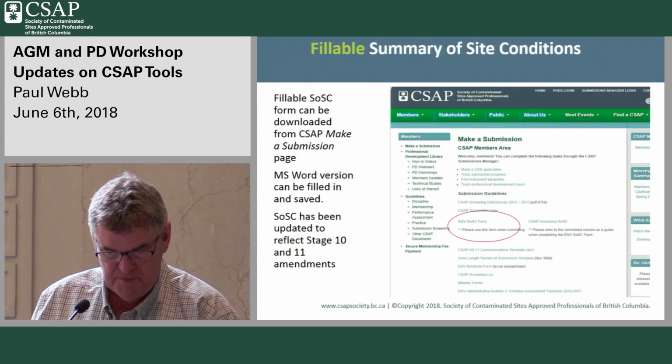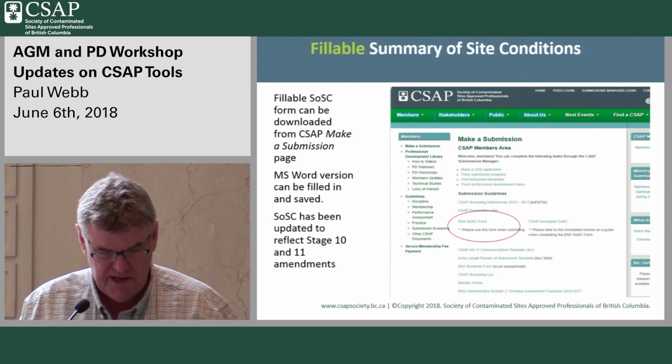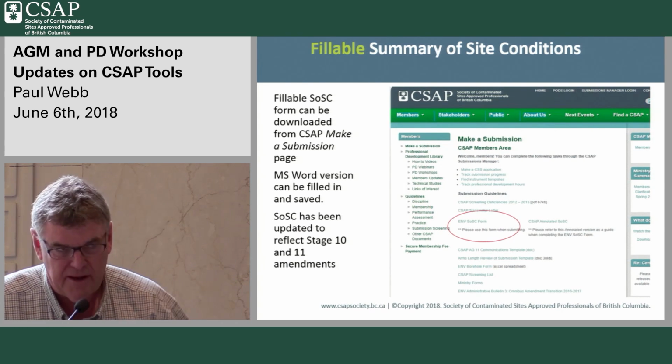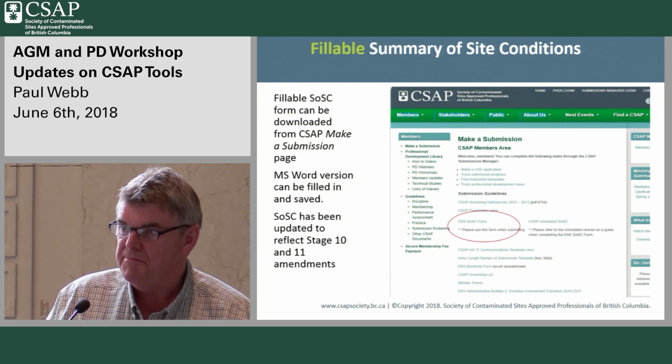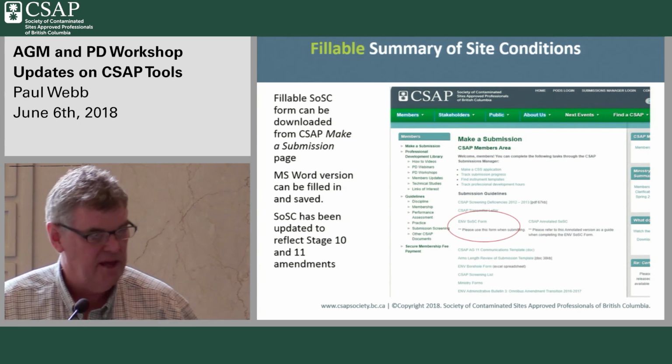When you open it up, this is where you find it on the website, and it's conveniently right beside the annotated summary of site conditions so that people can open that up separately beside it and follow the annotation.